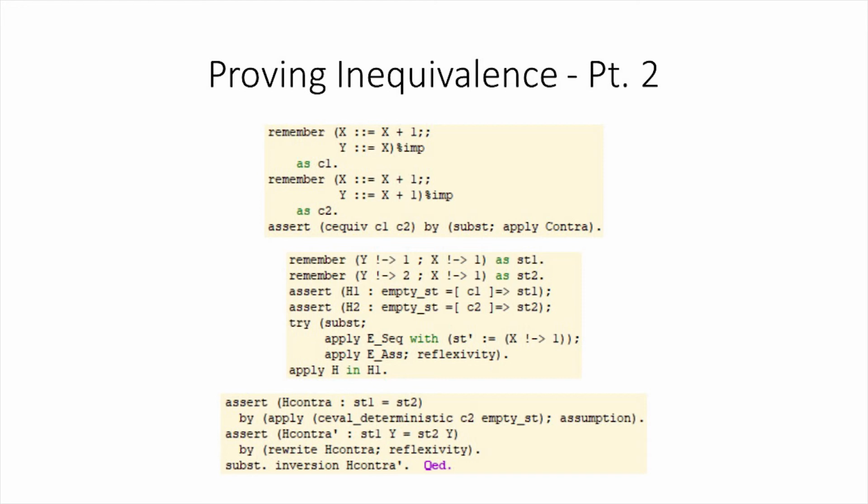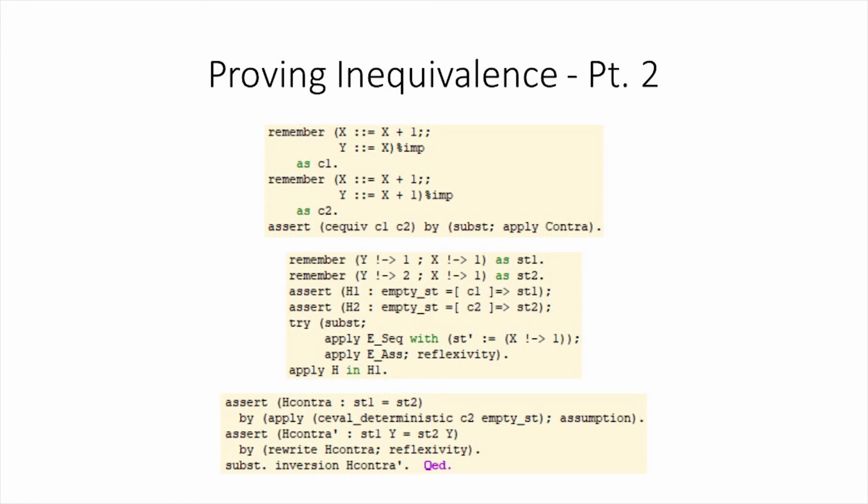So we have further remembers where y is mapped to 1, x is mapped to 1 as well in state 1, and then in state 2 we have y mapped to 2, x mapped to 1. Finally, we have assertions where we're trying to show that command 1 produces state 1 and that command 2 produces state 2, and we want to prove this via substitution.